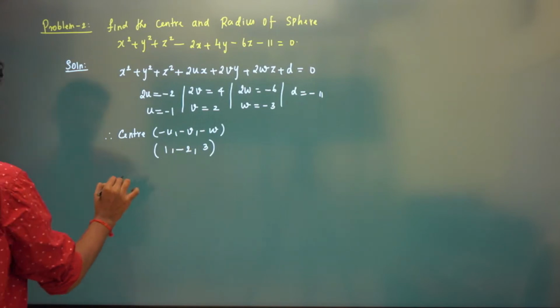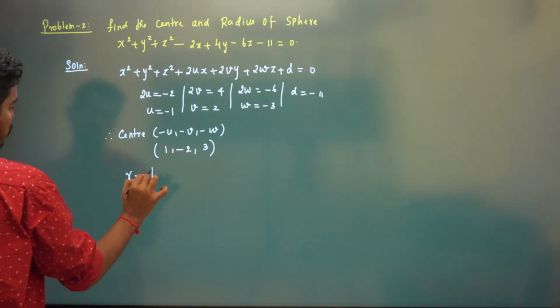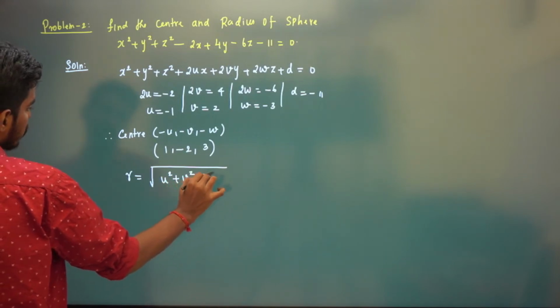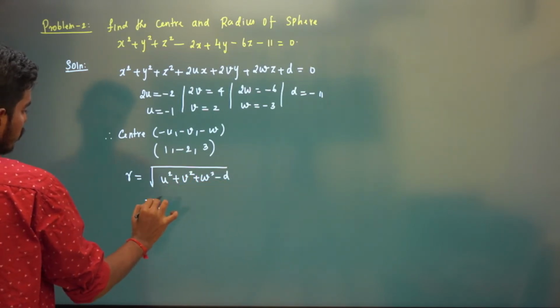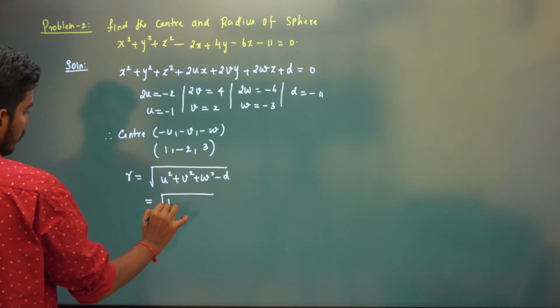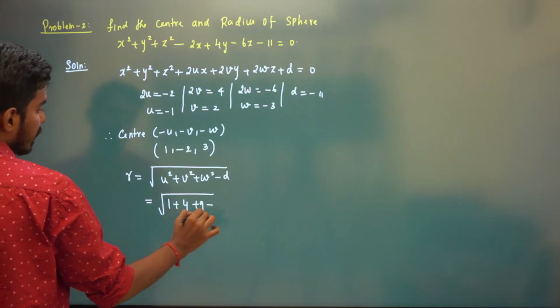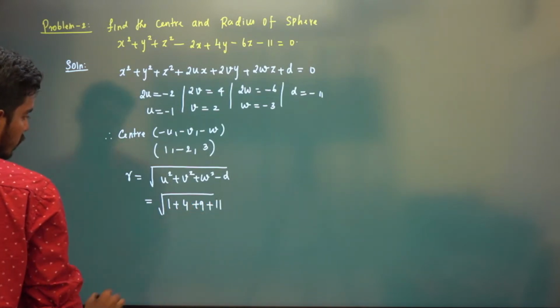This is the center. What about the radius? The radius is root of u square plus v square plus w square minus d. This will be plus 11.